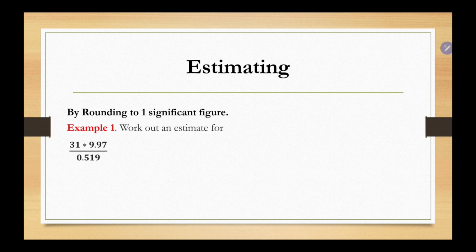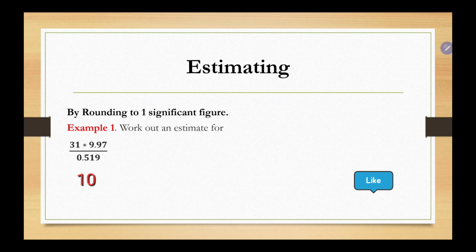If you want to round to one significant figure, it would just be 30. So we're going to round 9.97 to one significant figure. 9.97 is simply going to be 10 because the decider is 9 and that is above 5. So we have to add 1 to 9 and that will make it 10.